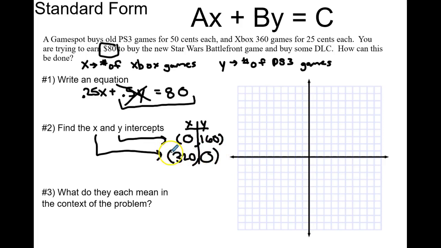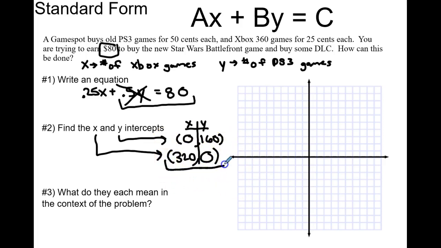Our x-intercept says you would need to sell 320 Xbox 360 games if you sold no PS3 games, again, in order to make your $80. So that's the explanation that they want.